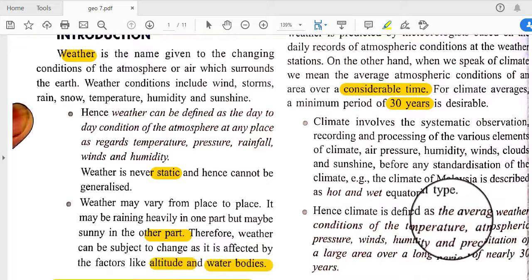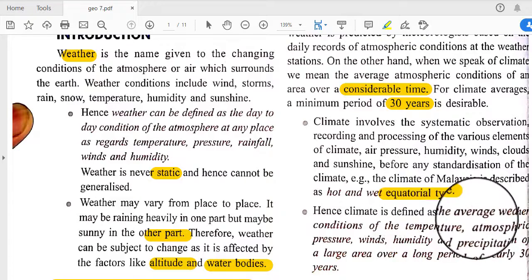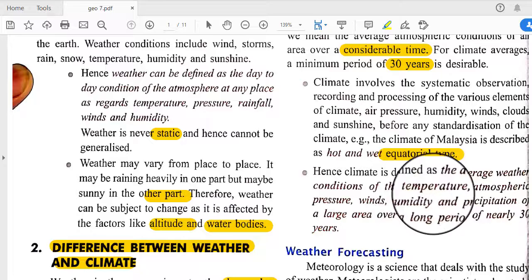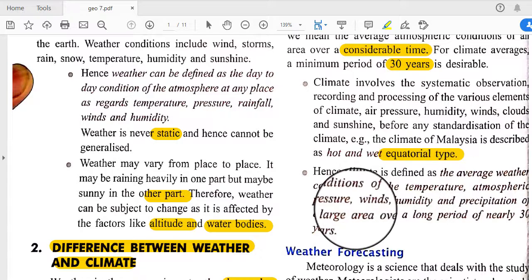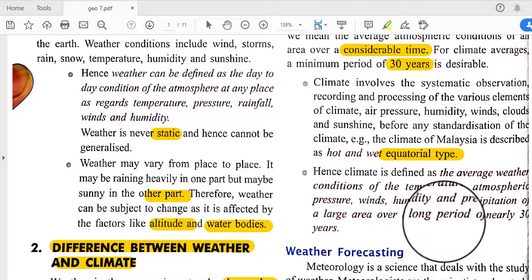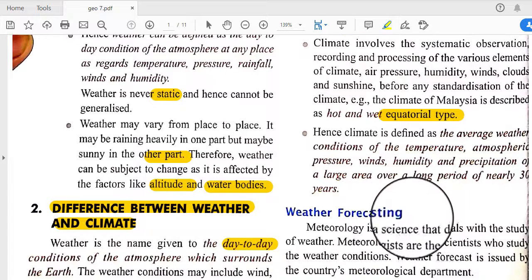The climate of Malaysia is described as hot and wet equatorial type. Hence climate is defined as the average weather conditions of temperature, atmospheric pressure, winds, humidity and precipitation of a large area over a long period of nearly 30 years.